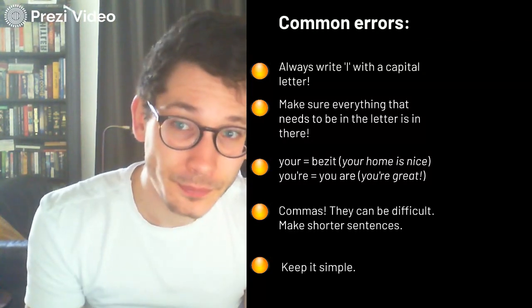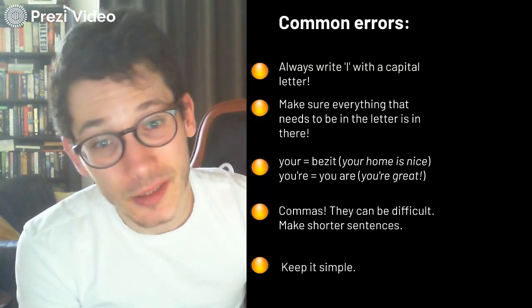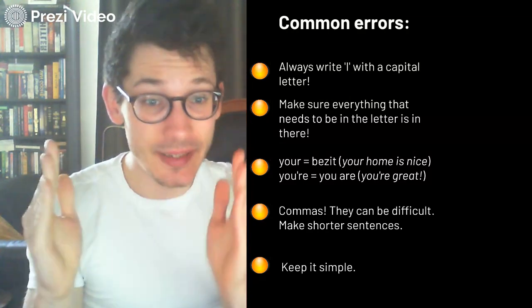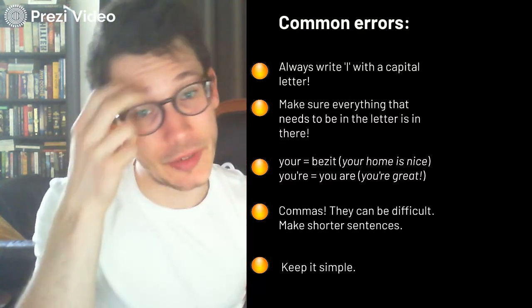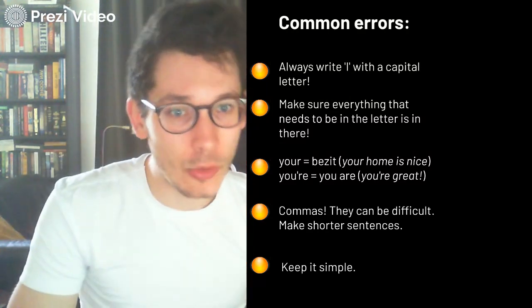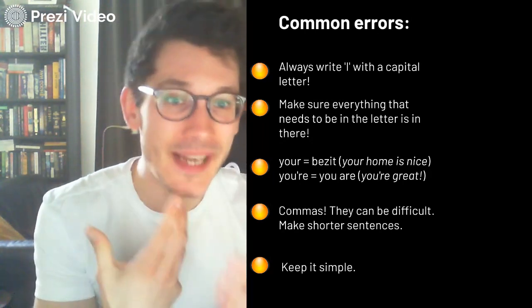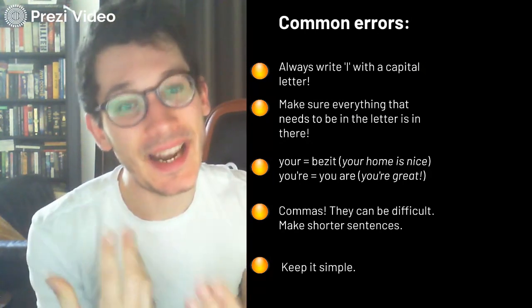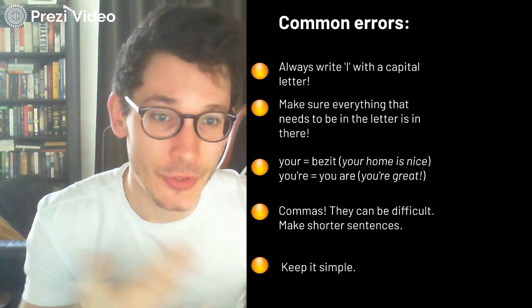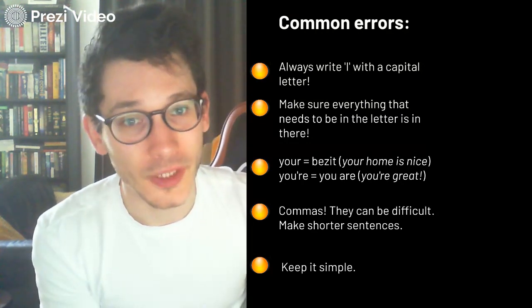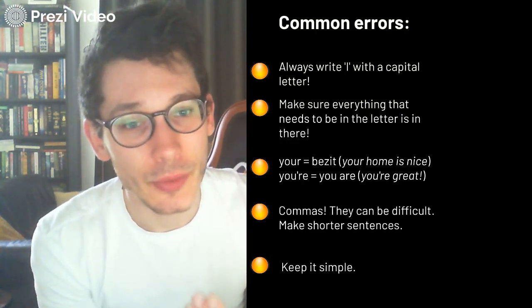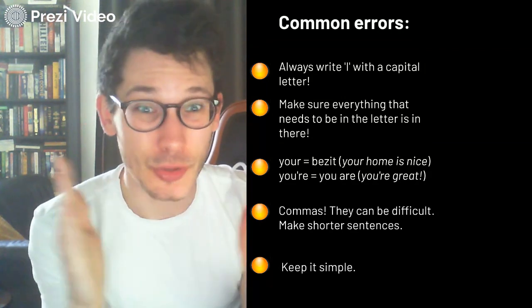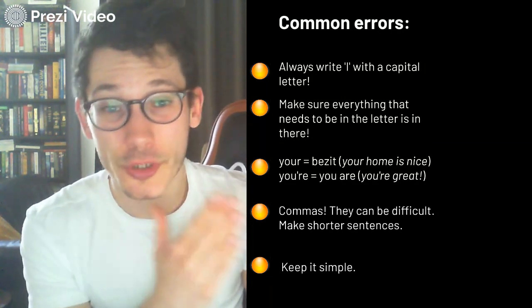Keep that in mind. Another mistake I've seen people make a lot is that they make very long sentences and they don't use any commas. Now, I could explain to you how commas work, but there are many different ways in which commas work, and it can get rather difficult, especially when we're just starting out with writing informal letters. So another tip I would give you is to just keep it shorter. Right? Write more short sentences.